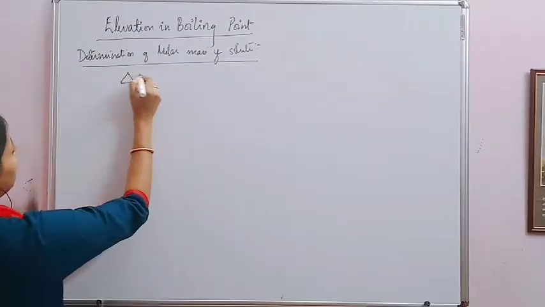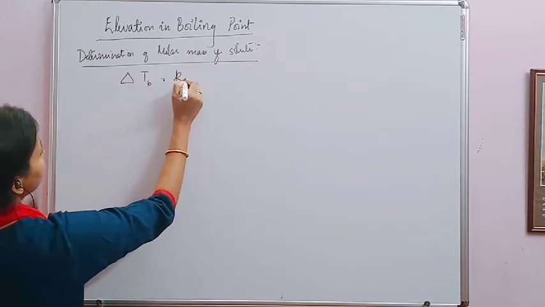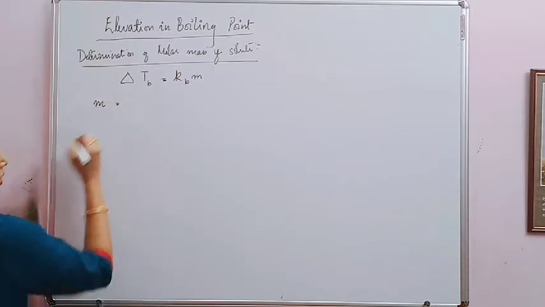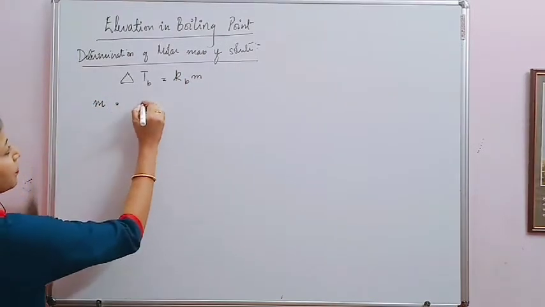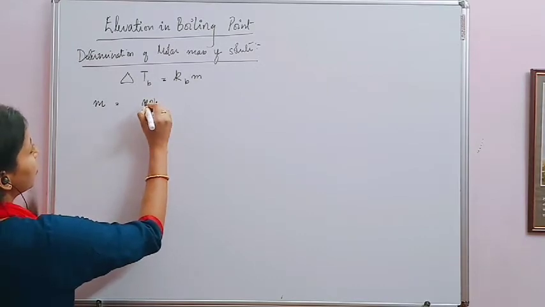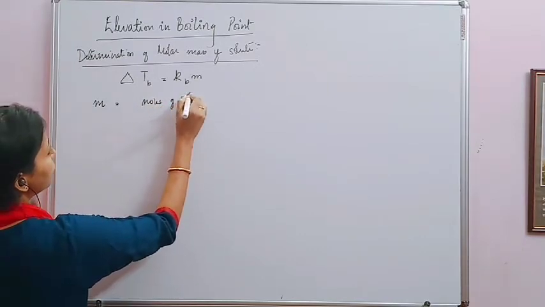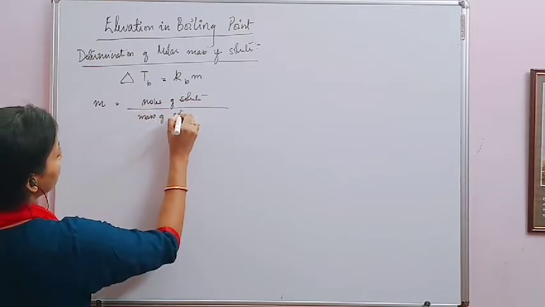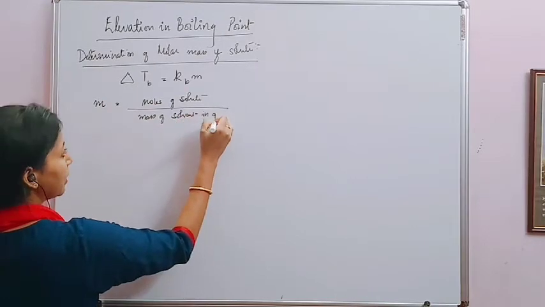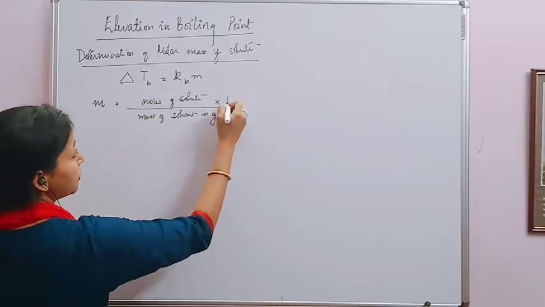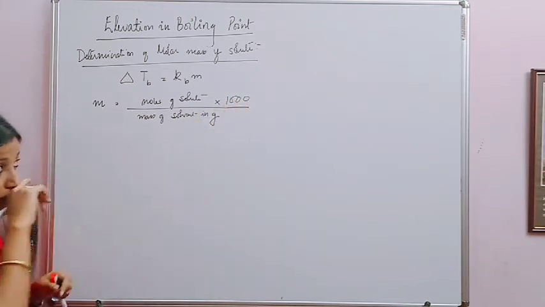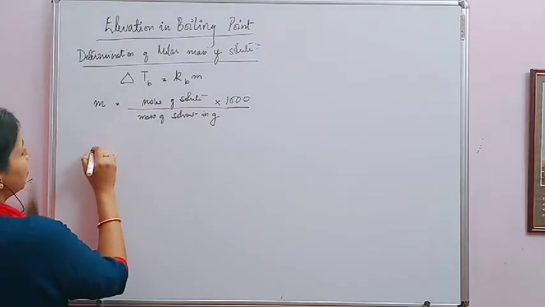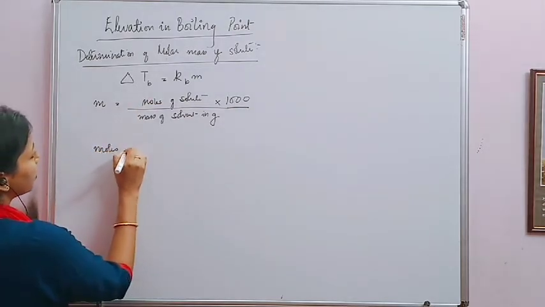Okay, we know that delta Tb is equal to Kb into m. Okay, now m is molality. The definition of molality is moles of solute by mass of solvent in grams. If I write, I have to divide, so that goes up, that will become into 1000. Now, molality is number of moles. Now, number of moles is given by given mass.